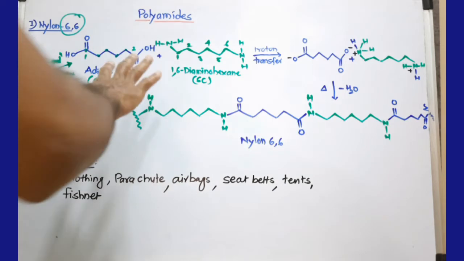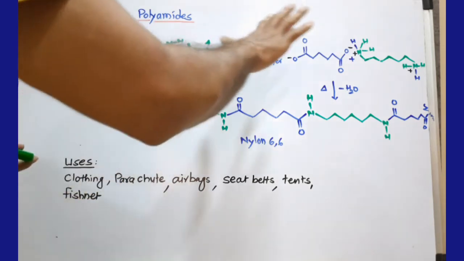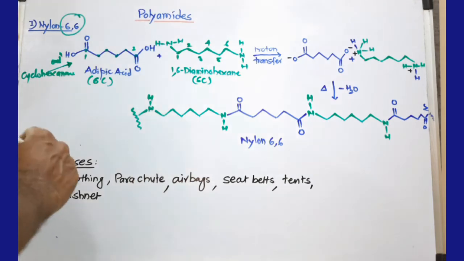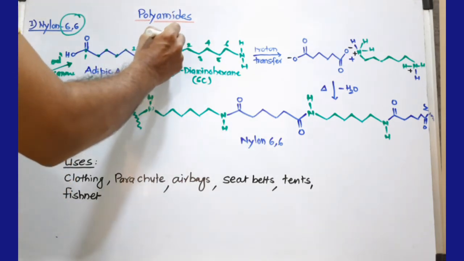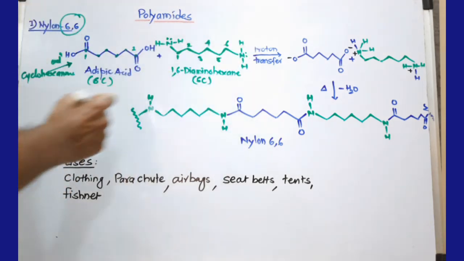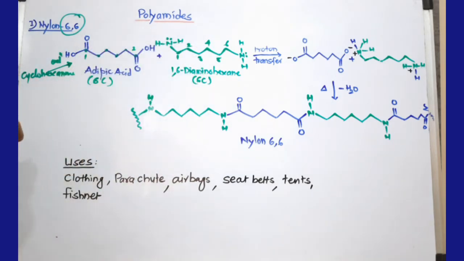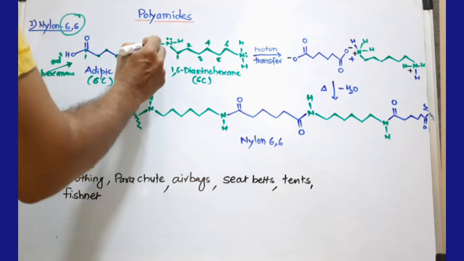Now, as I mentioned earlier, this is a stepwise polymerization reaction. In the first step, because of the lone pair on the amino group, this is a base and this is an acid. So there is an acid-base reaction and obviously a proton will transfer.